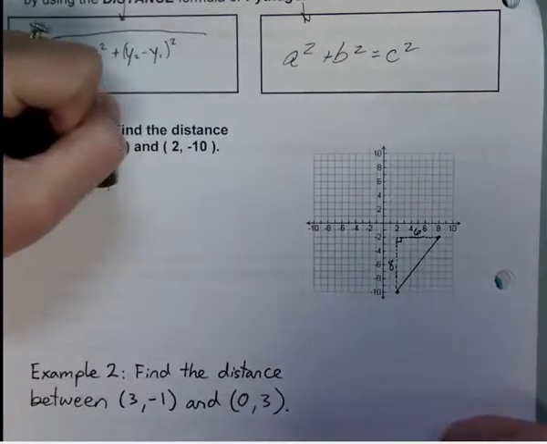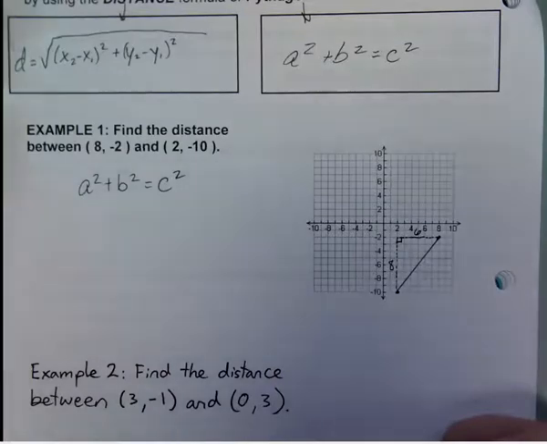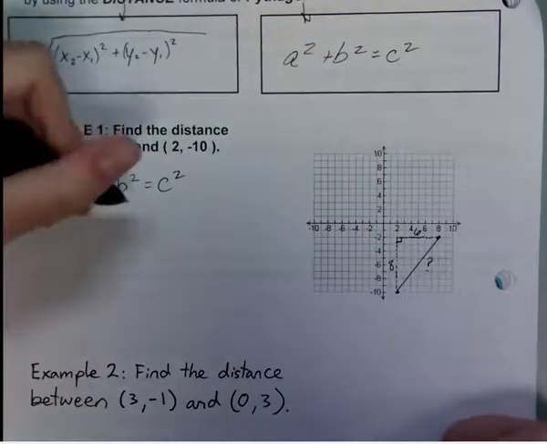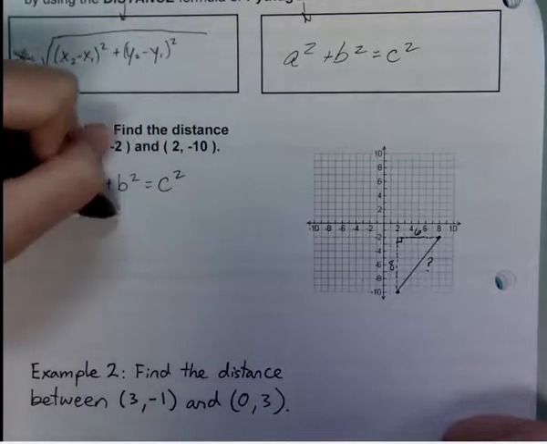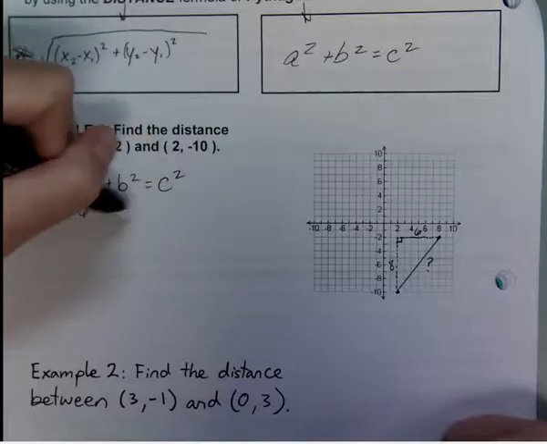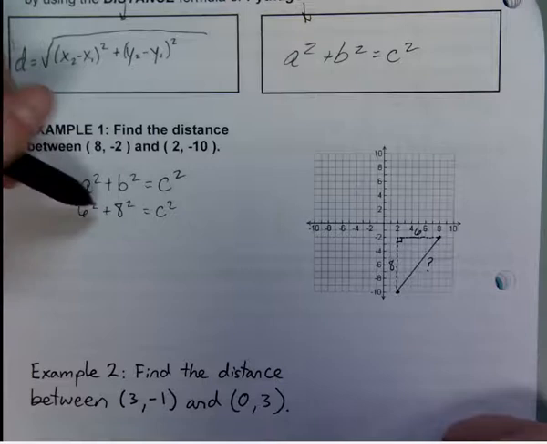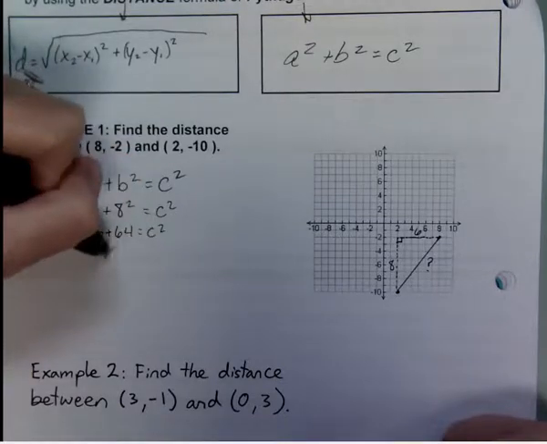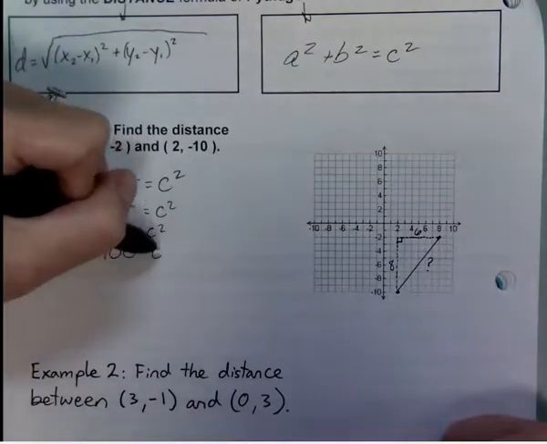So we're going to use Pythagorean theorem. We don't know our c, that's what we're looking for, the distance. And we want to plug in 6 squared plus 8 squared equals c squared. 36 plus 64 equals c squared. When you add 36 and 64, you get 100.